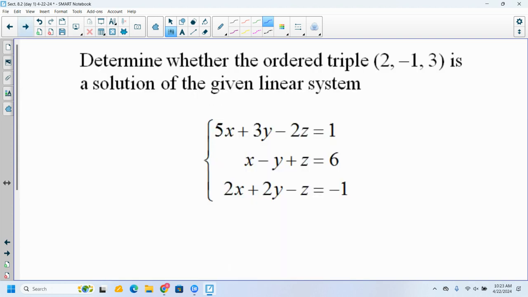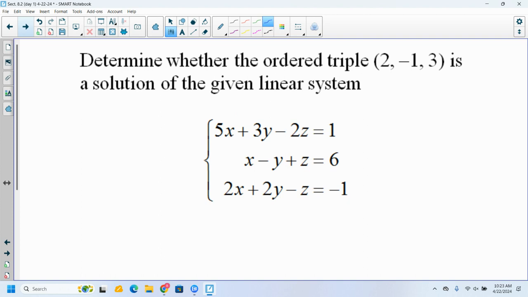Okay. All right, now the first thing we kind of always do is, you've done this forever. How do you determine, now this is on your notes, how do you determine whether something's a solution to the system? You don't even need to solve it. Plug them in. Okay, so plug in those 3 points. Does it work for all 3 of them?